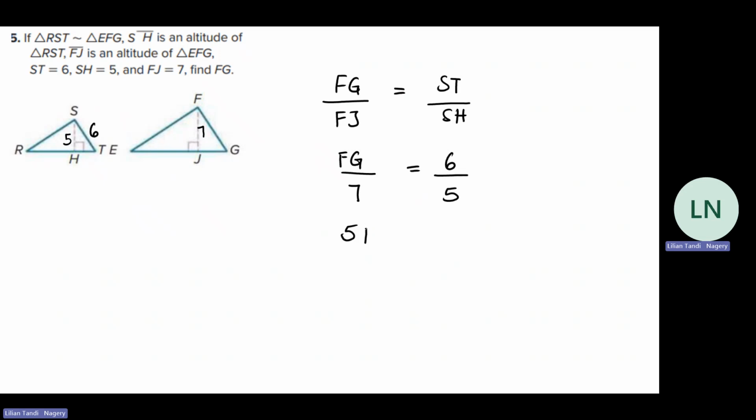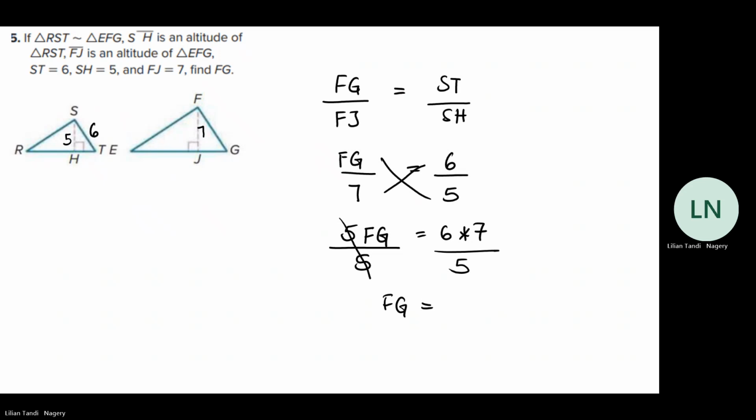So 5FG, because I'll do butterfly method, equals 6 times 7. I divide by 5, I divide by 5. So FG equals 6 times 7 divided by 5, 8 and 4/10.